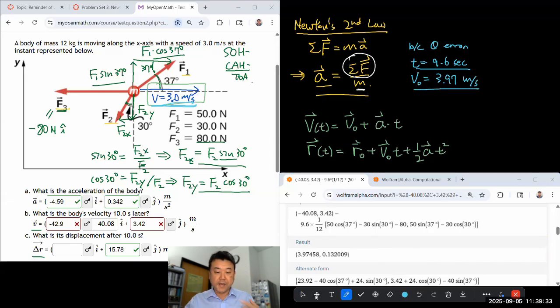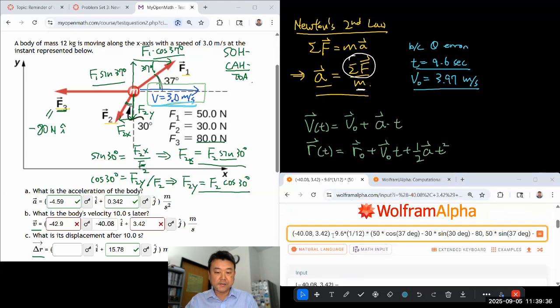So now I can backtrack and calculate the full delta R using that information. This is the portion that comes from the acceleration, 1/2 times this, 9.6 is the time the calculation is using, squared, plus the initial speed, 3.97 and 0 for the y component, times the time, 9.6.